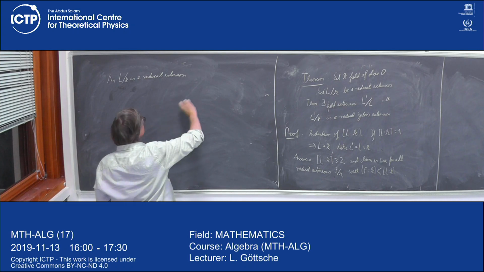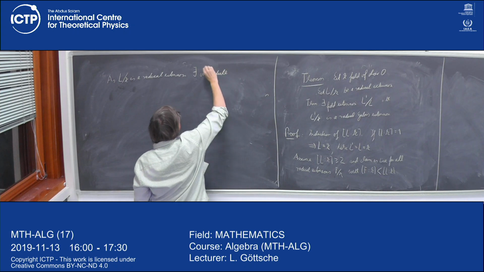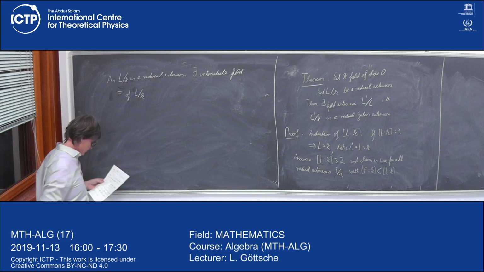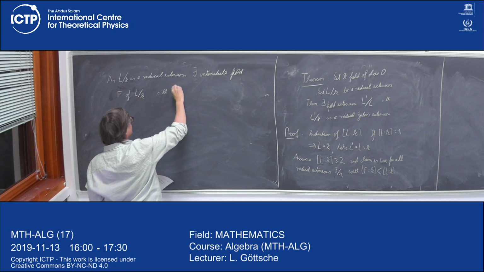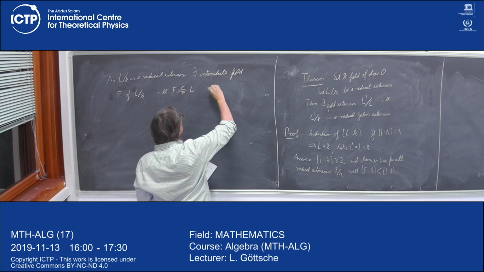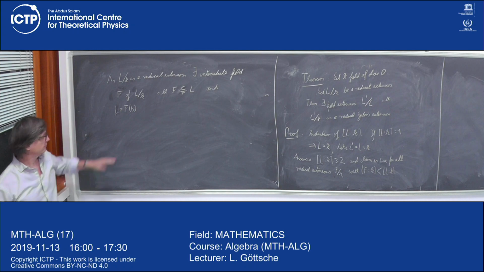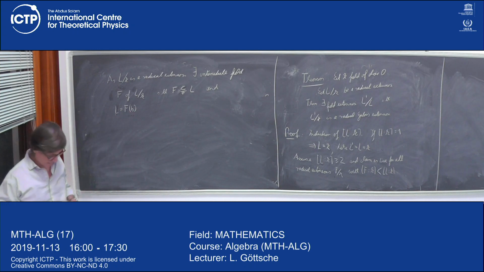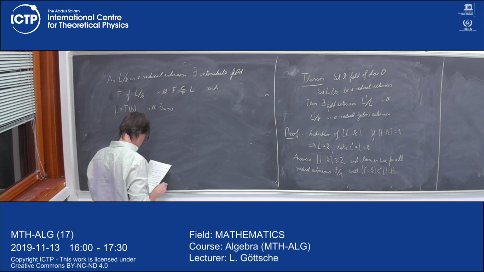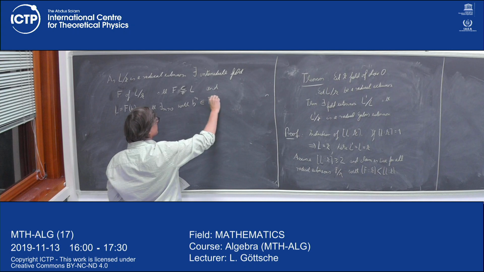As this is a radical extension, there exists an intermediate field f, strictly contained in L, such that L is obtained from f by adjoining one element b, which is an nth root: there exists n greater than 0 with b to the n an element in f.